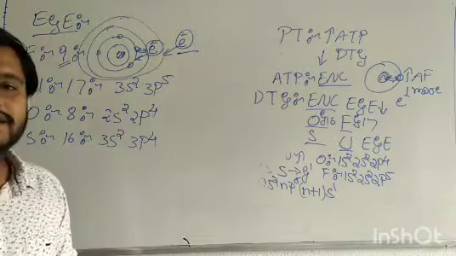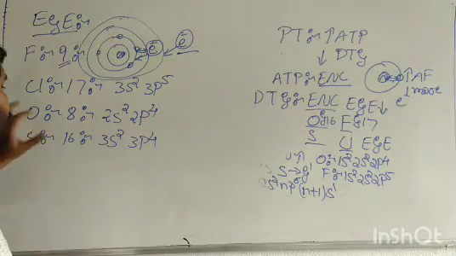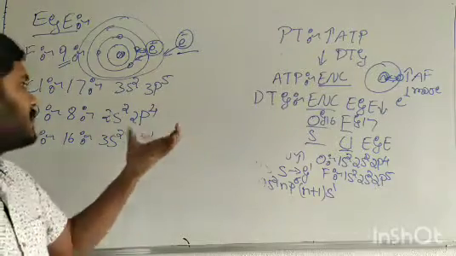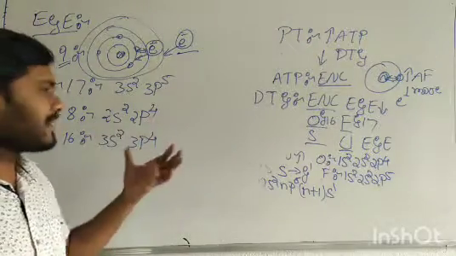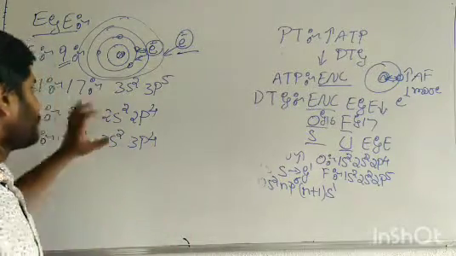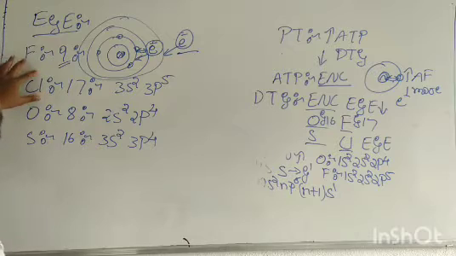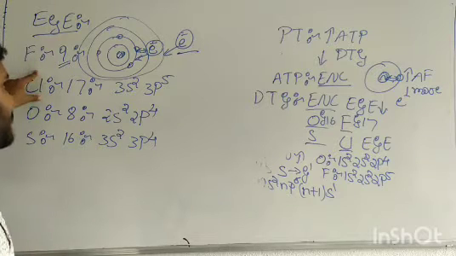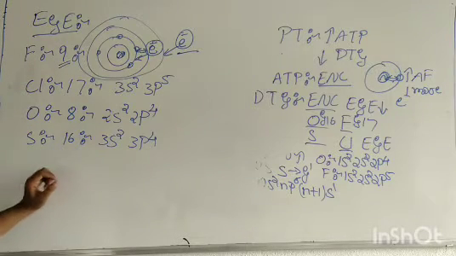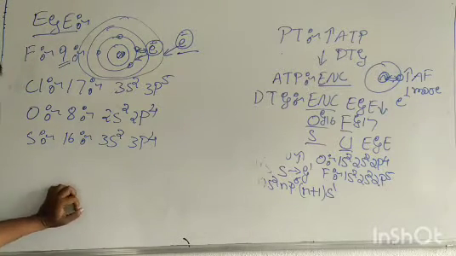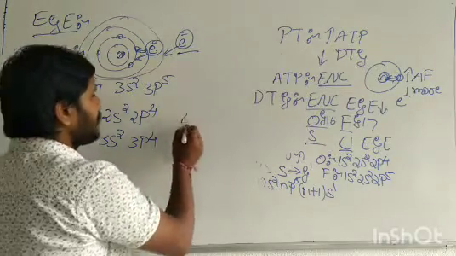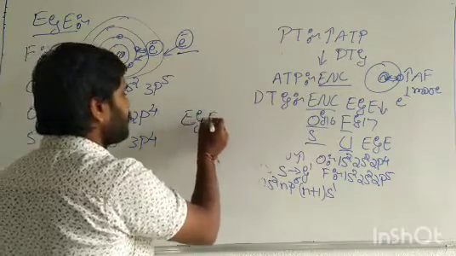So the electron gain enthalpy of sulfur is more compared to oxygen. Oxygen has the smallest size with more electrons, 8 electrons, so the repulsions will be more. This is the major reason why chlorine has a higher electron gain enthalpy compared to fluorine, and why sulfur has a higher electron gain enthalpy compared to oxygen. This is the complete picture of electron gain enthalpy.